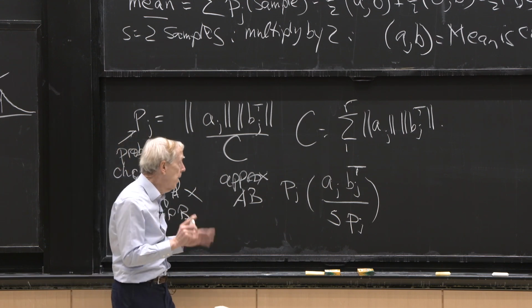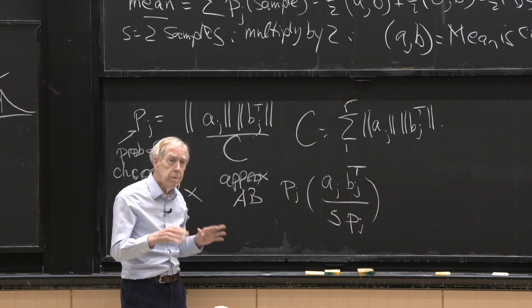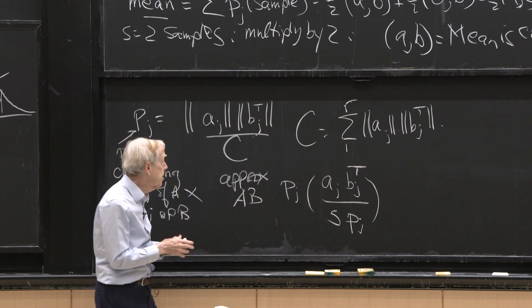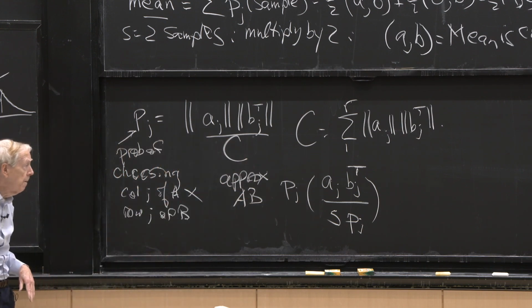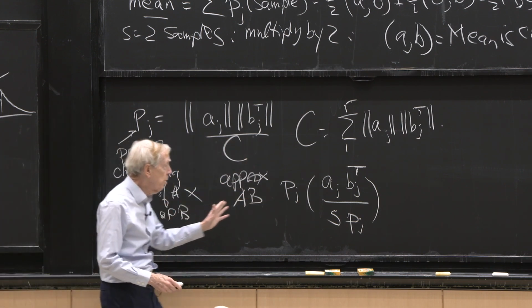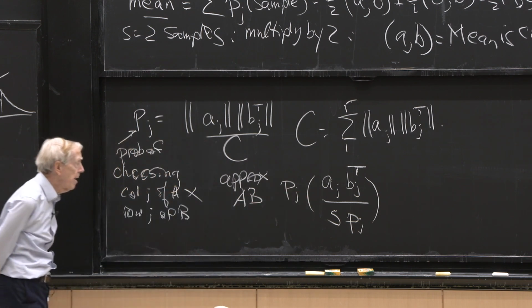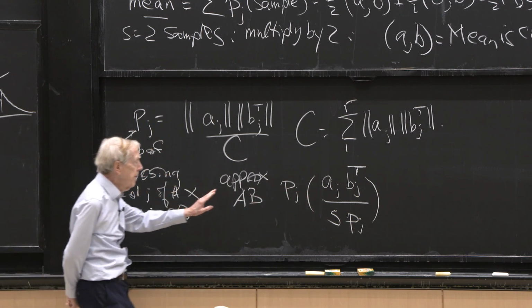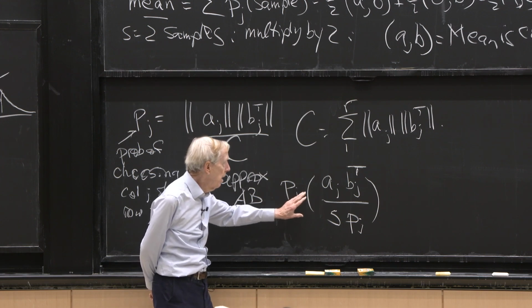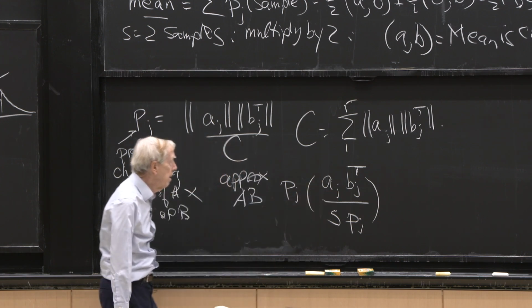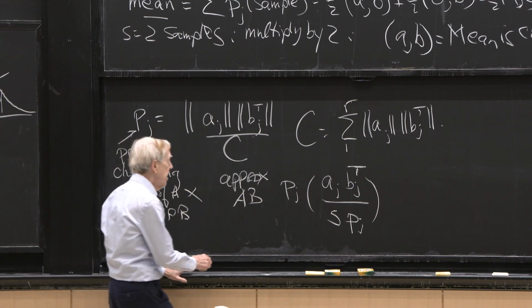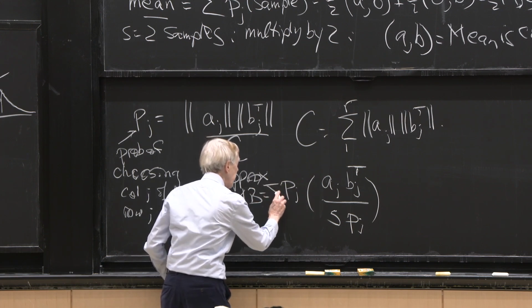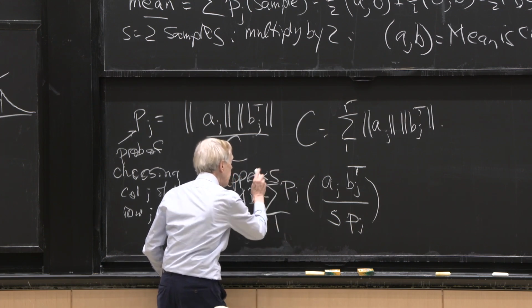And then the plan will be to choose these Pjs to minimize that total variance. So this is a typical sample: with probability Pj, pick that rank 1 matrix. Then my approximate AB is the sum of all these over S samples.